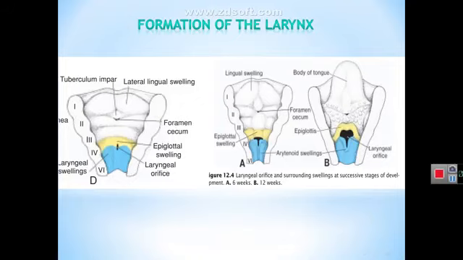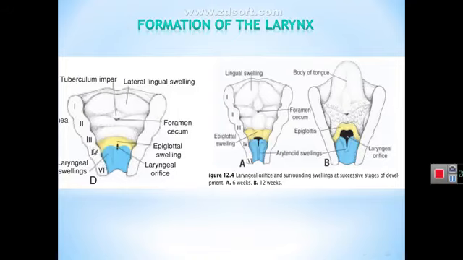Formation of the larynx. The internal lining of the larynx originates from endoderm. The cartilage and muscles originate from the 4th and 6th pharyngeal arches.